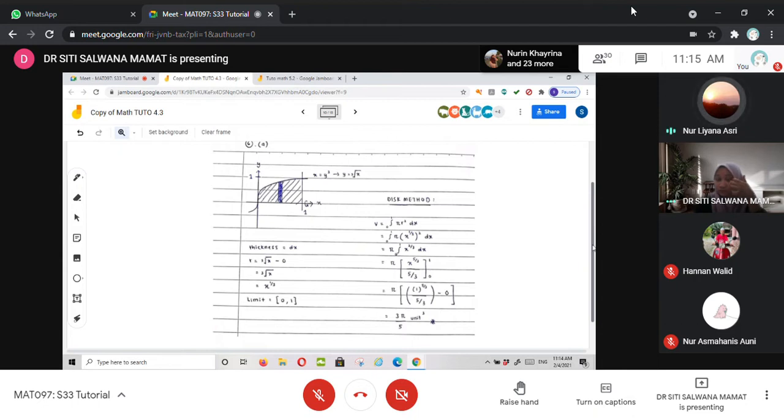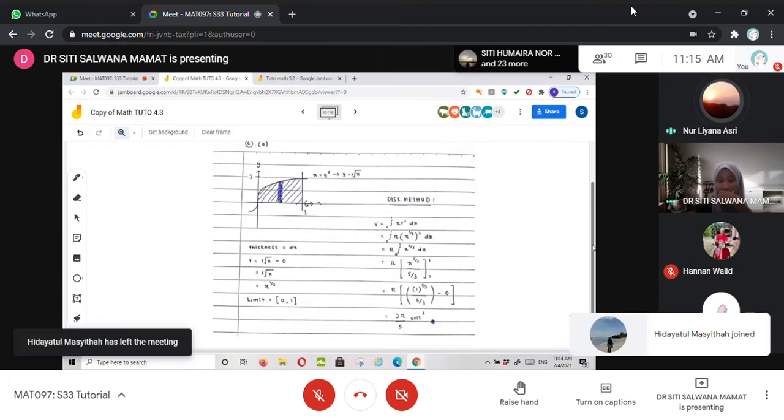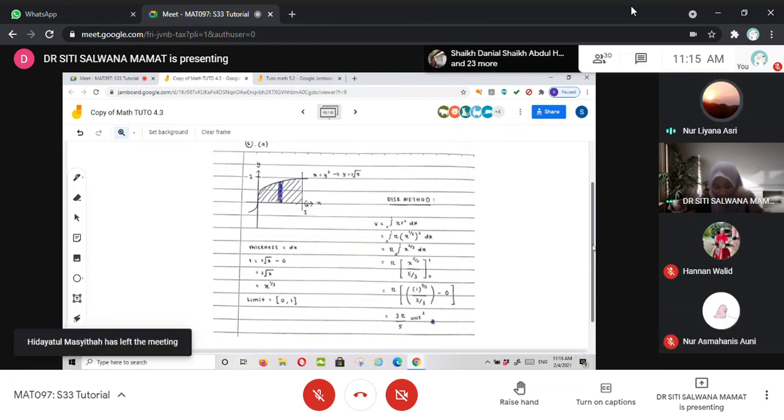V equals to integrate pi r squared dx. So we substitute r with x to the power of 1 over 3. And then we multiply 1 over 3 with 2. We got x to the power of 2 over 3. And then we integrate x to the power of 2 over 3. We got x to the power of 5 over 3 divided by 5 over 3, limit is 0 until 1. And then we solve it, we got 3 pi over 5 unit cube.